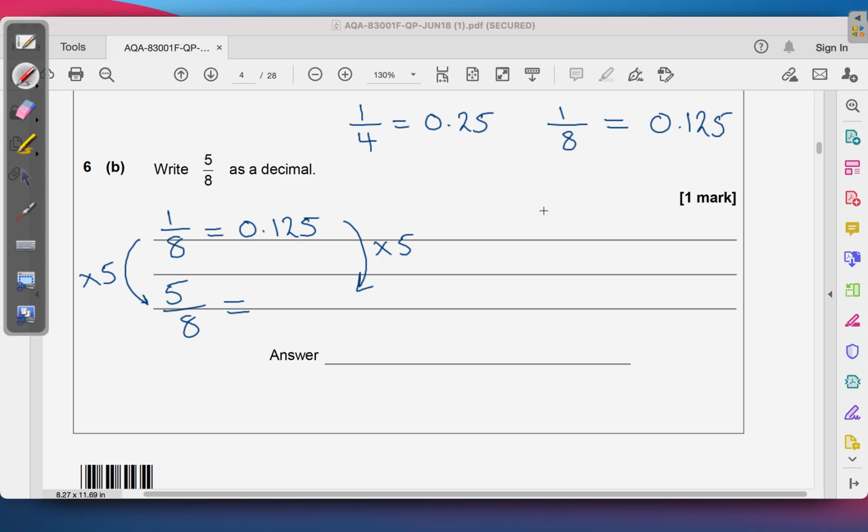So 1/8 times by 5, so 0.125 times by 5 is equal to, what's that? 25 times by 5, 0.625. So our answer is going to be 0.625.